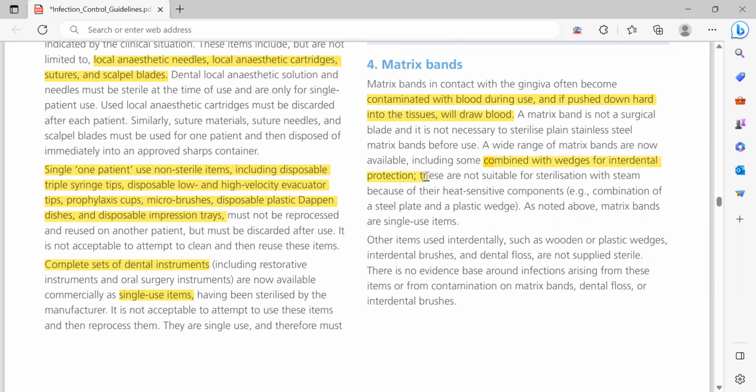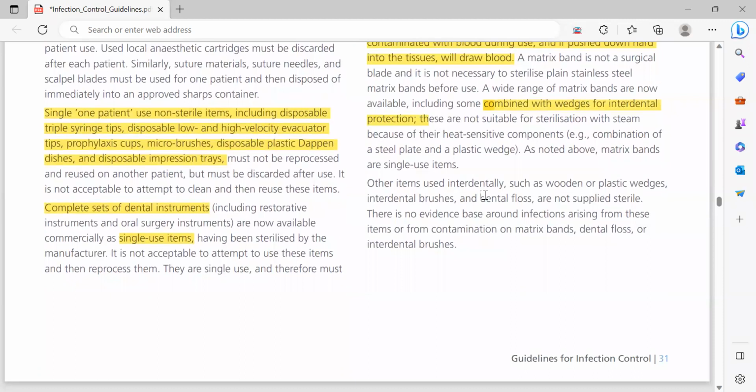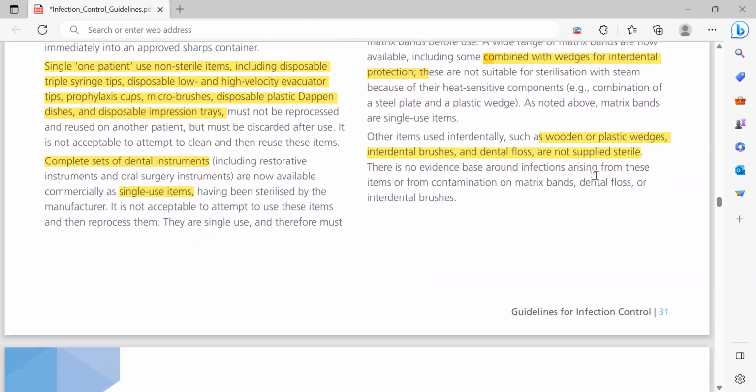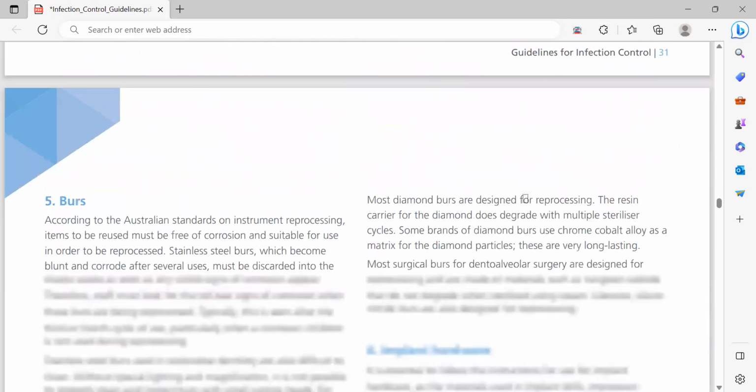Some do have wedges included with them. These are not suitable for sterilization with steam because of the heat-sensitive component, which is the wedge. Other items used interdentally, such as wooden or plastic wedges, interdental brushes, and dental floss, are not supplied sterile. There is no evidence base around infection from these items, so you can just use them from the stock.